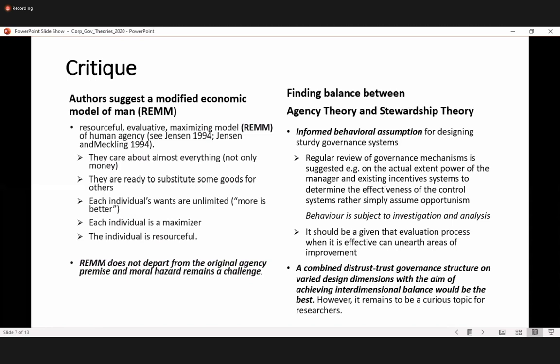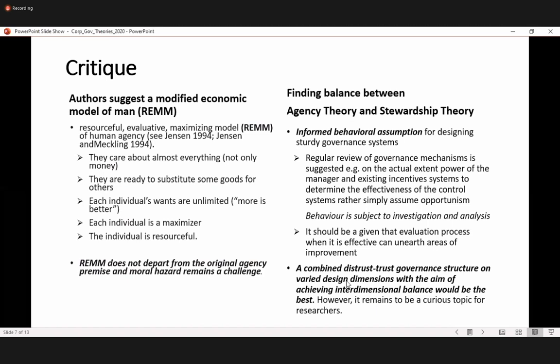An evaluation process, when it is effective, can unearth areas of improvement. That will be the basis of informed behavioral assumption, not assuming that the agent is guilty straight away. So a combined distrust and trust governance structure on varied design dimensions, with the aim of achieving interdimensional balance, would be the best.